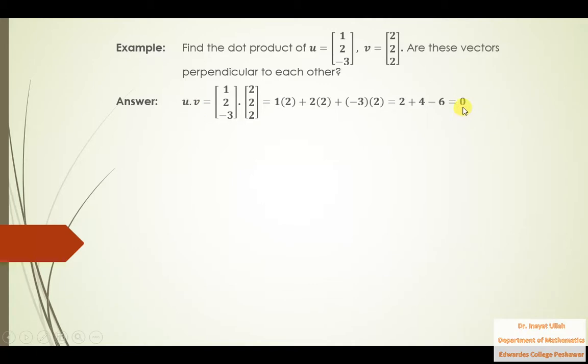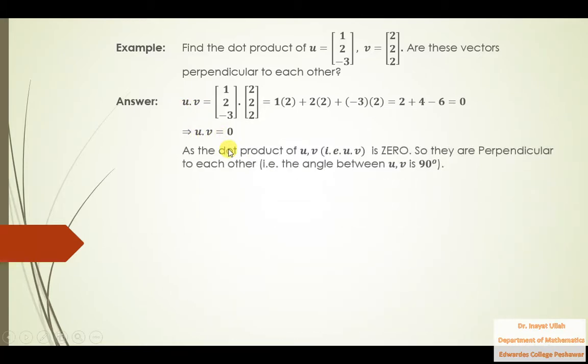If this answer is not 0, then we say that u and v are not perpendicular to each other. So because the dot product is 0, we may say that they are perpendicular to each other. That is, the angle between u and v is 90 degrees.